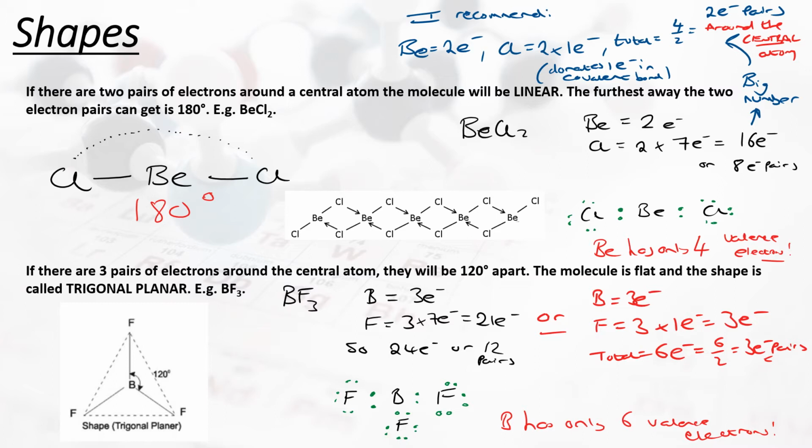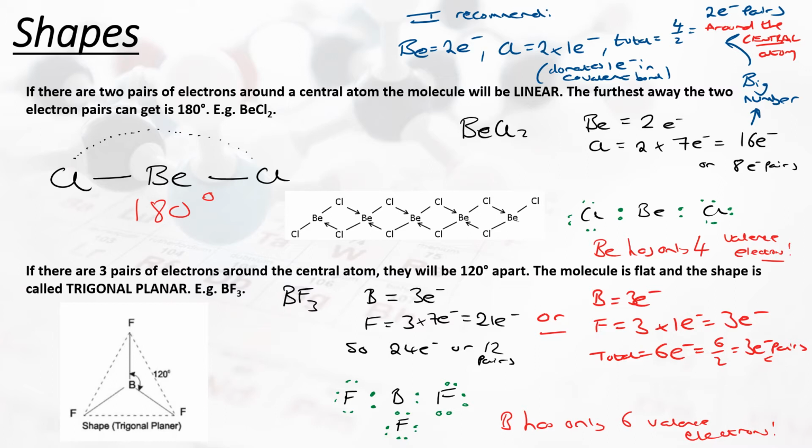So if we use the 3 pairs of electrons, that just means we have 3 pairs of electrons around our boron. If we're using the total number of electron pairs, well, we then end up having 12 pairs of electrons. So we're going to put 3 around our boron. We know that boron has 3 electrons to start with. It accepts 1, essentially shares 1 from each of the fluorines.